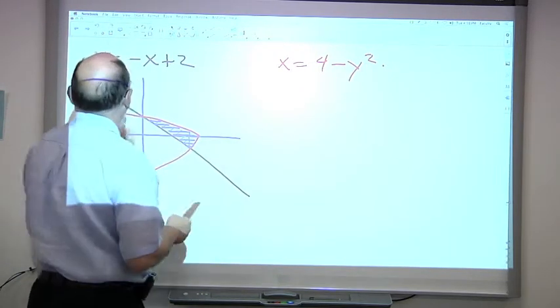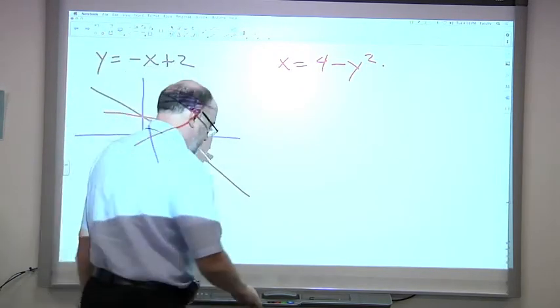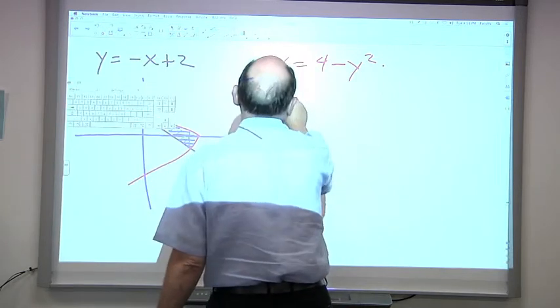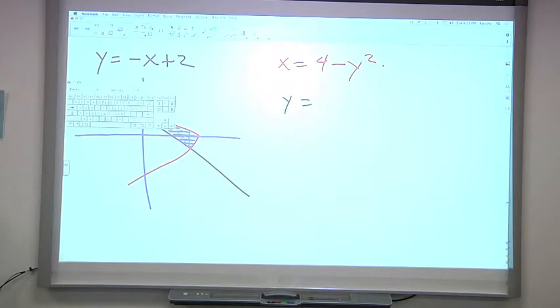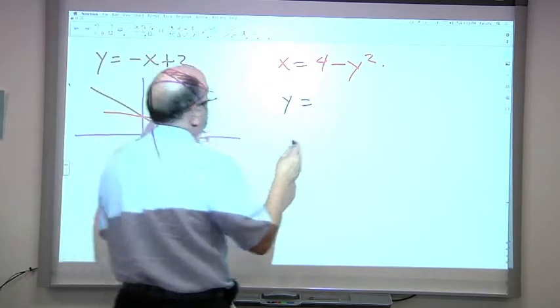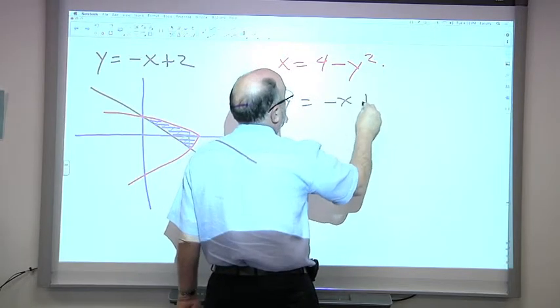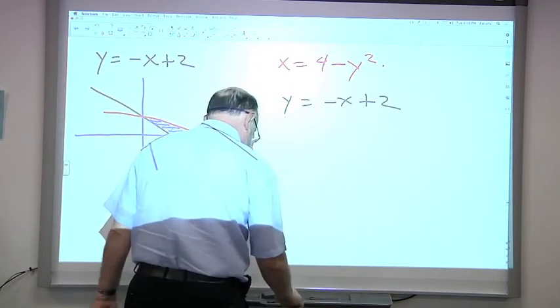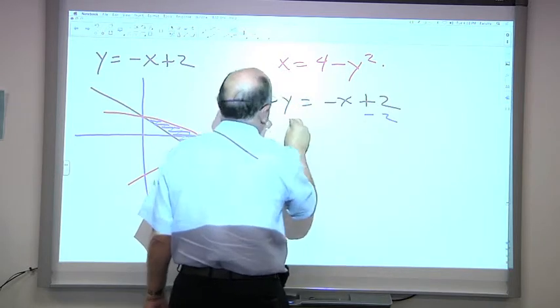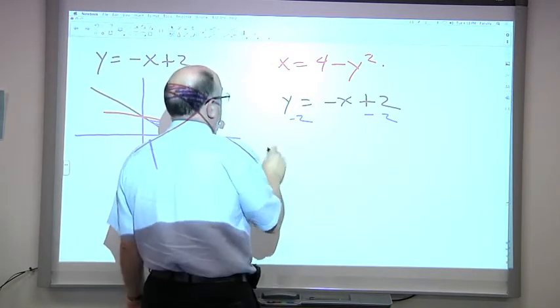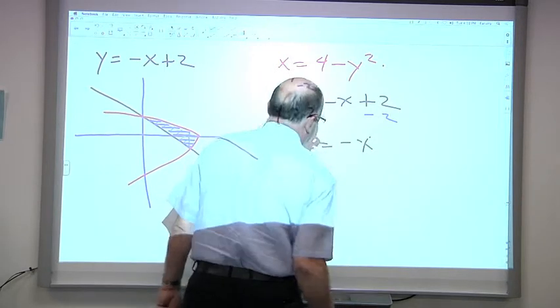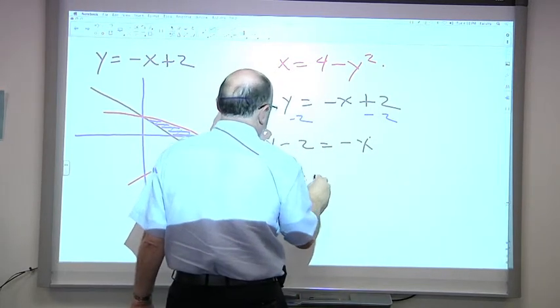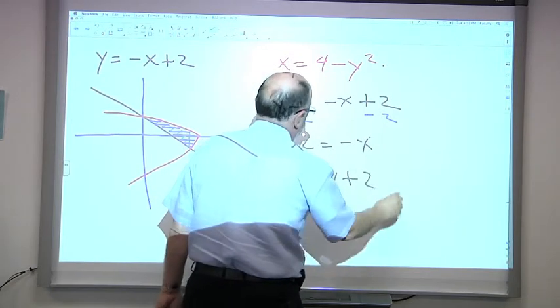So this one is fine. This one I need to rearrange. So we have y equals minus x plus 2. So if I take the 2 over, we get y minus 2 equals a negative x, which means x is going to equal minus y plus 2.